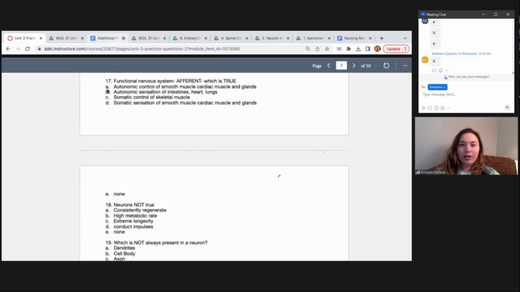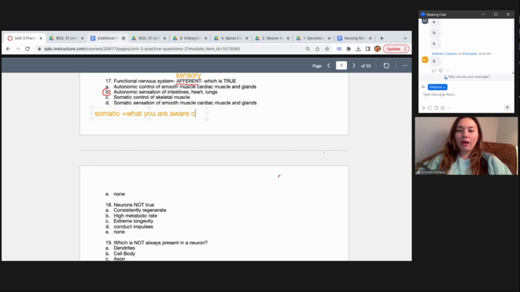So our answer here is B. This is kind of a tricky question. Remember, afferent is the same as sensory. So it would control autonomic sensation of the sensory, and it would control somatic sensation. But remember, somatic is what you are aware of.